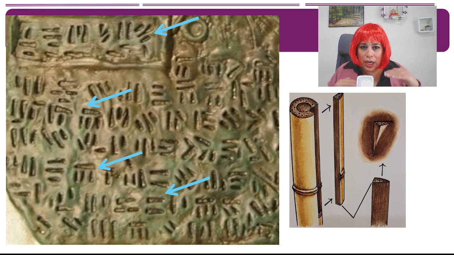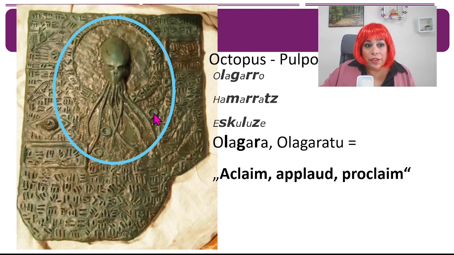So the scribe is mixing both directions. So maybe this is a message for both races. It's a neutral message for both groups. Let's find out. After the analysis of the direction of reading, we have to take a look at the symbols.